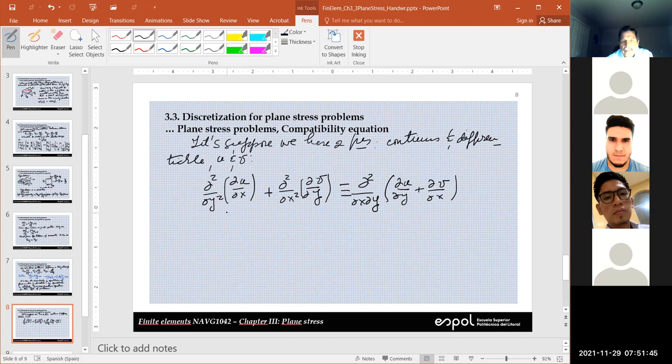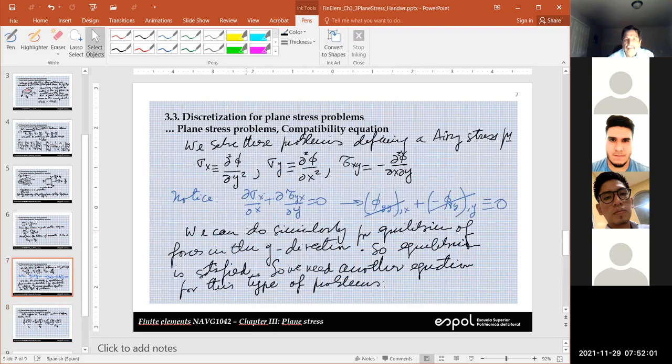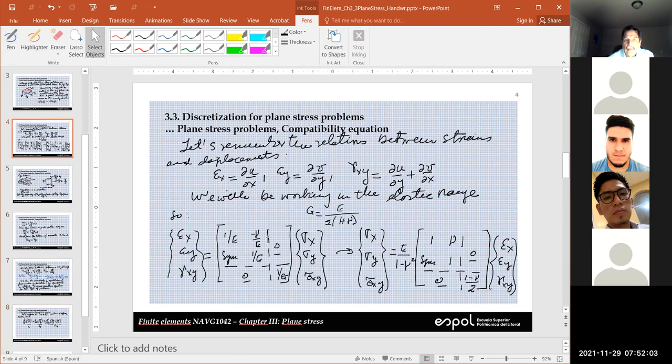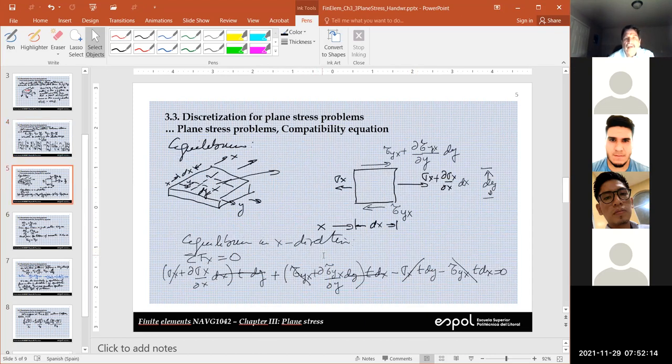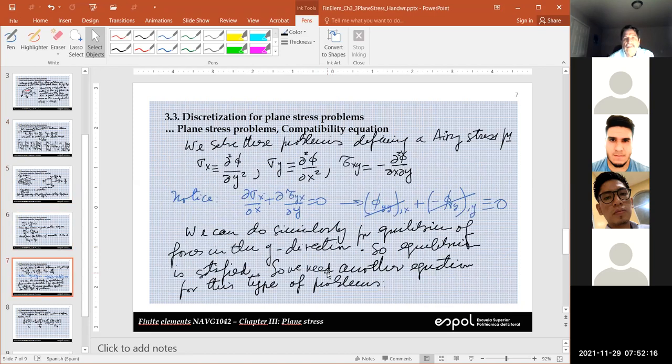But now you can see that this is equal to epsilon x, this is equal to epsilon y, and this is equal to gamma xy. But now epsilon x, let me go back, epsilon x here is equal to 1 over E times sigma x minus nu over E sigma y. And sigma x and sigma y were defined using Airy's stress function, like this.